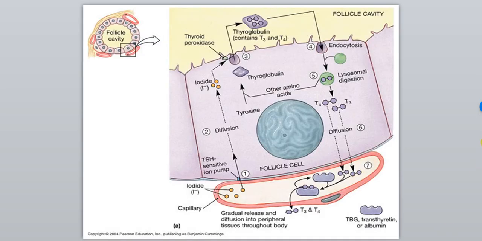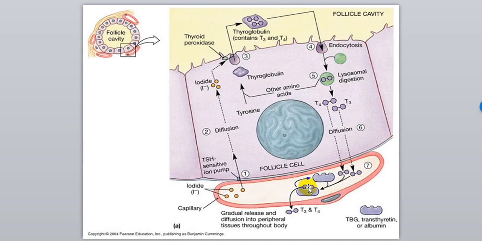This figure shows the colloid material with thyroglobulin, cuboidal cells, and blood vessels. We must note that the blood supply in the thyroid gland is very rich because it has lots of blood to provide hormones to all the cells.